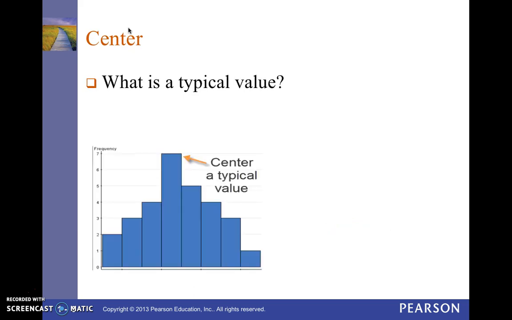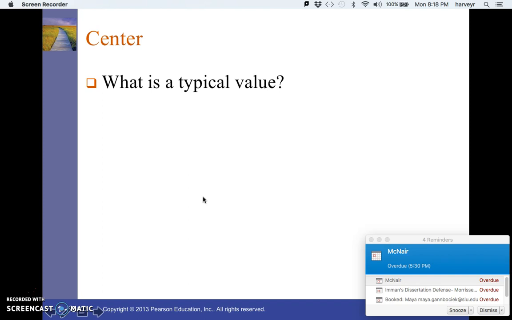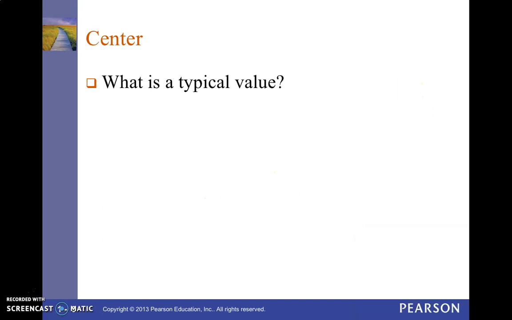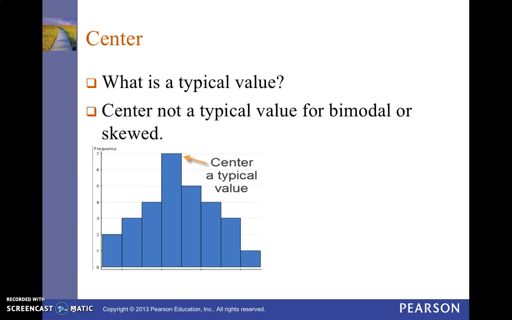In terms of this idea of center, once again, it has to do with the typical value. In a normal curve, the center is whatever that middle value would be. So once again, the center is that typical value.